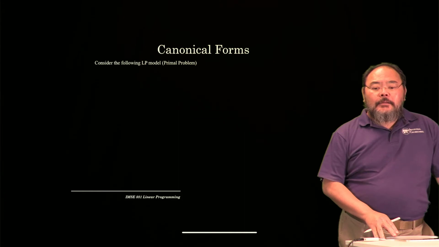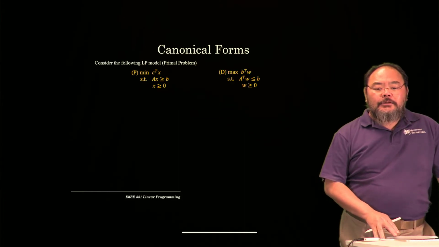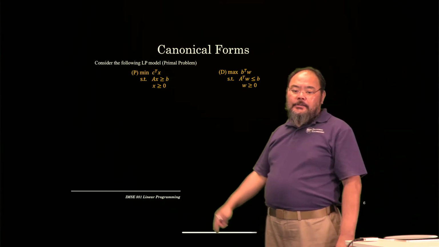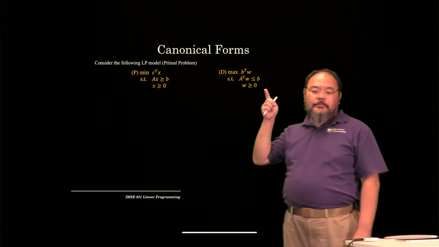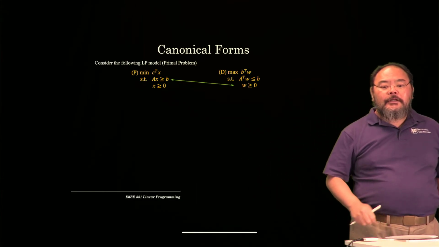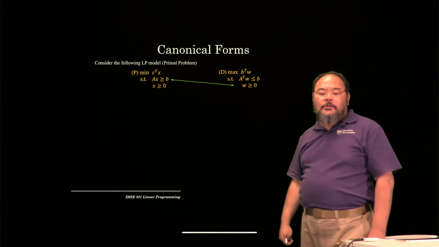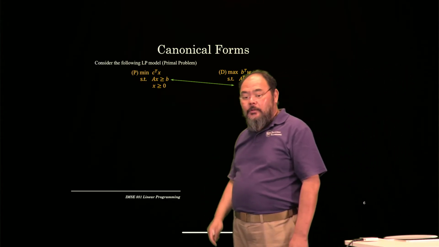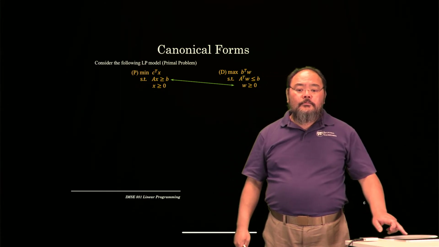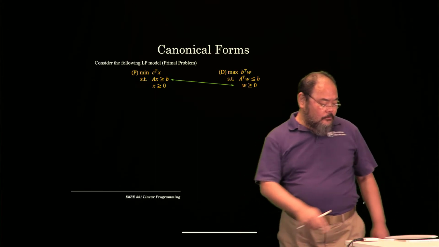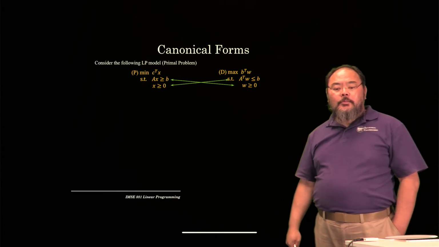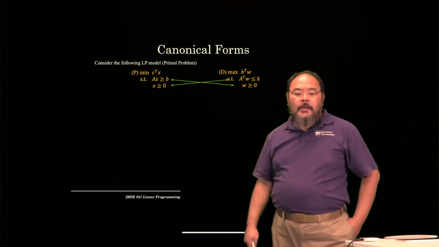Next, we'll look at the canonical form. We summarize them together. So this is our primal problem, P, and this is our dual problem, D. Here we have the primal constraint corresponding to the dual variable, and the primal variable corresponding to the dual constraint.